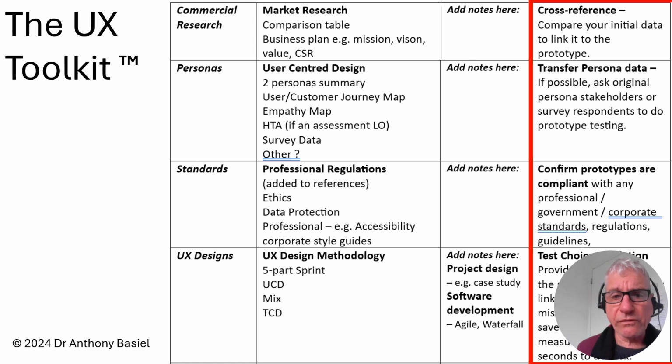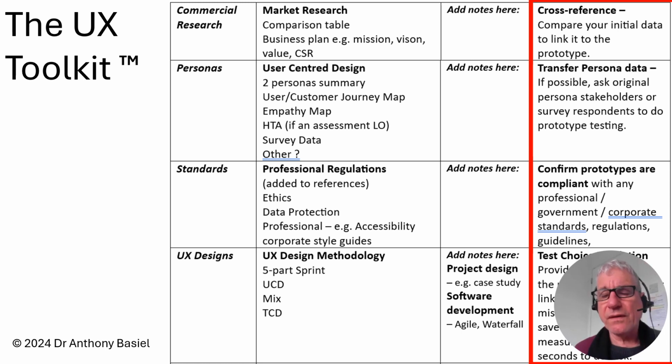Going on, it's the same thing as with the commercial research. You're looking and you're saying, okay, we want to compare that initial data to the actual prototype itself. And when we are using that persona information, we want to bring that over. We've established these are the user's needs, 1, 2, and 3.